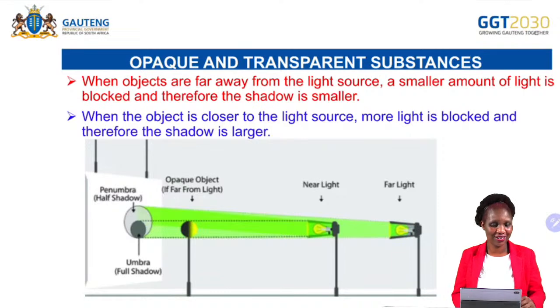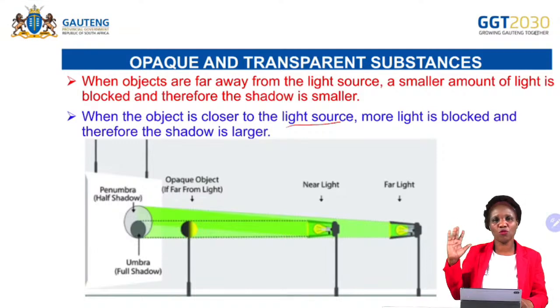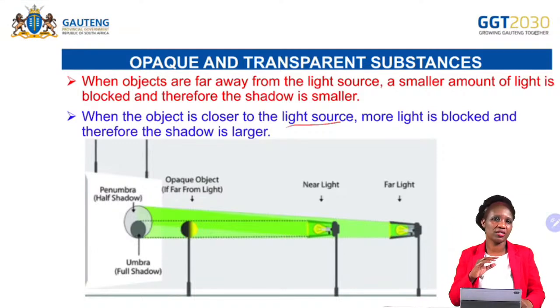Do you get that, grade 8? That's very good. When the object is closer to the light source, more light is blocked. That's why the shadow is going to be bigger, because there is more light being blocked. But if the light source is far away, just a small amount of light is going to be blocked. That's why we are going to see a small shadow.